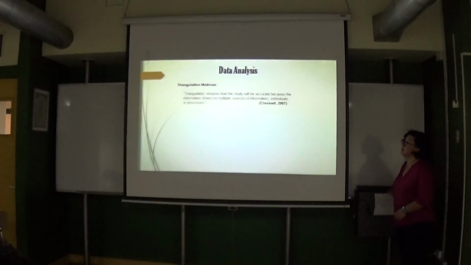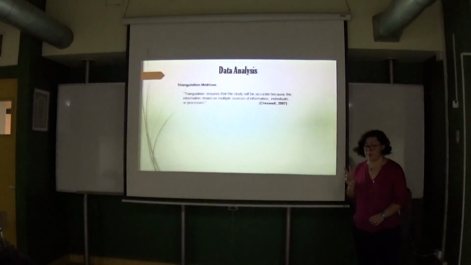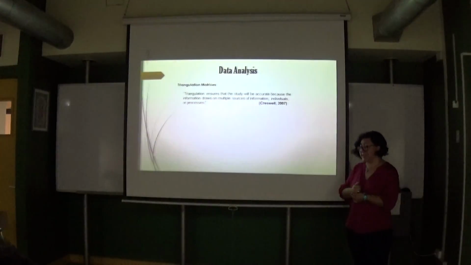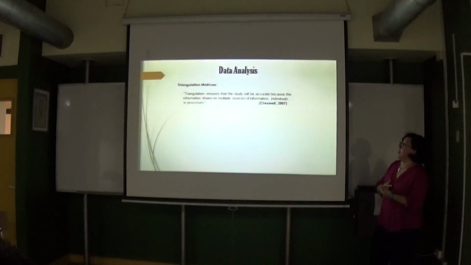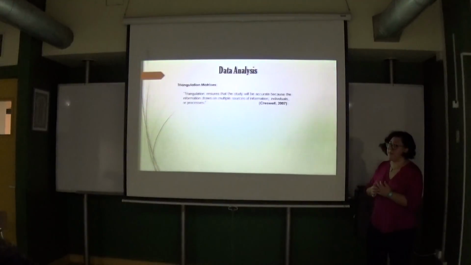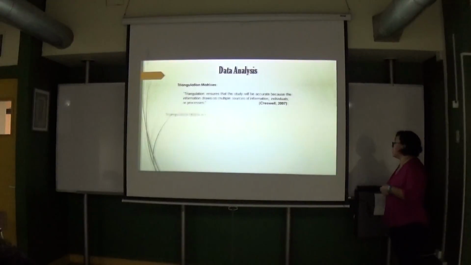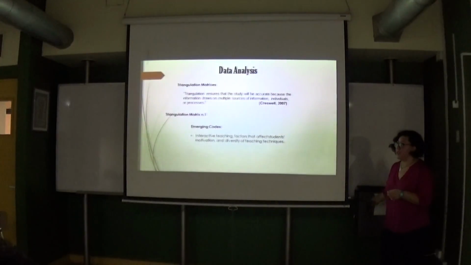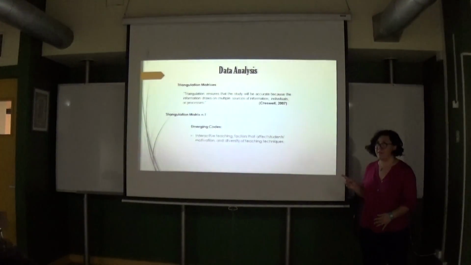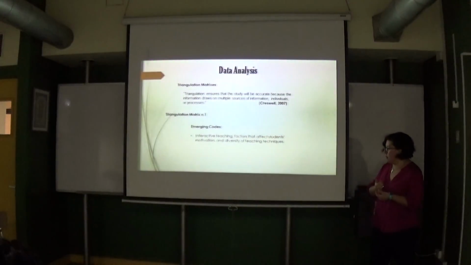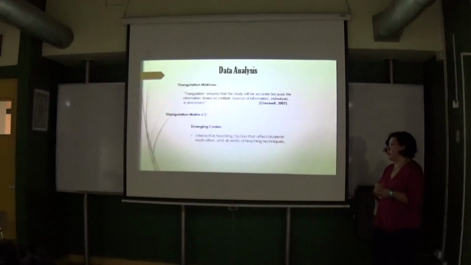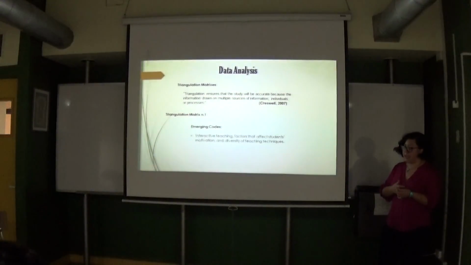For data analysis, there were two triangulation matrices, and they ensured the study would be accurate because they gathered data from different sources. The first triangulation matrix was with information from the first interview, the one with the students, and the observations of the field notes, and the emerging goals for interactive teaching, factors that affect students' motivation, and diversity of teaching techniques.